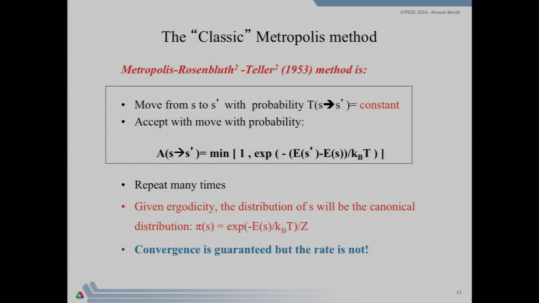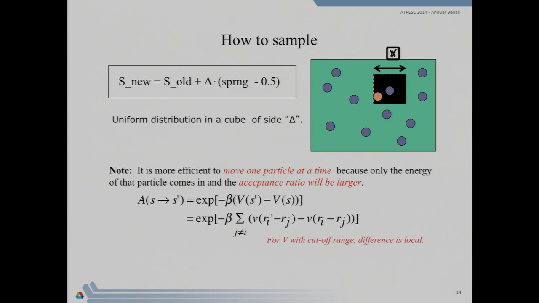If we repeat this operation many times and given the ergodicity of the system, we will have a canonical distribution of our detailed balance that is depending on the energy of the states that we have. And the convergence is going to be guaranteed, but the rate of acceptance is not. This rate is going to depend primarily on how we're going to sample our system. And I skipped some slides about importance sampling, but you can look them up.